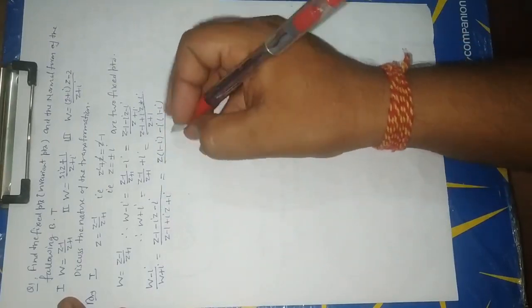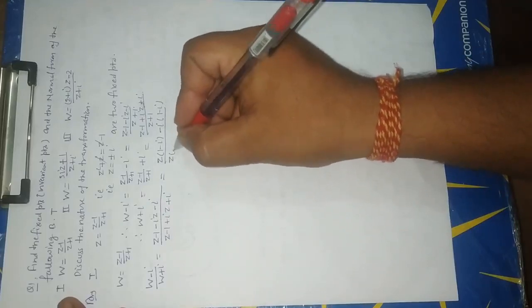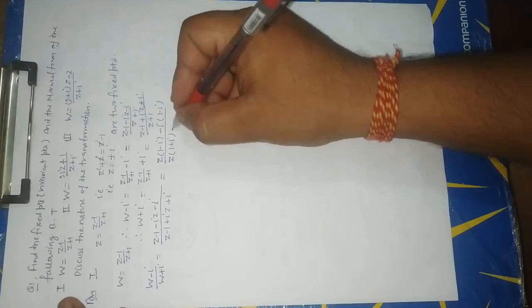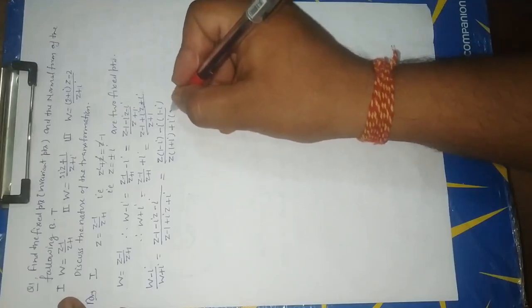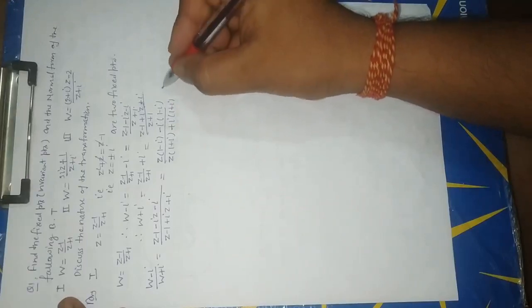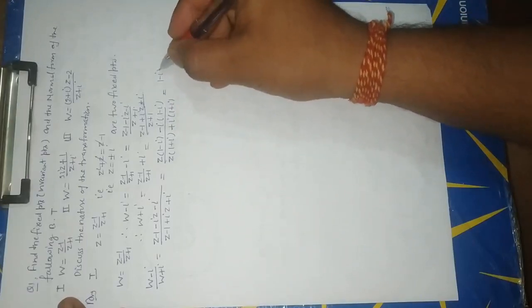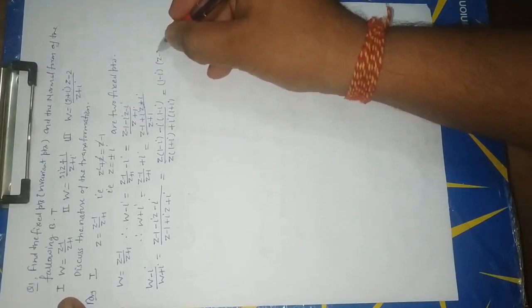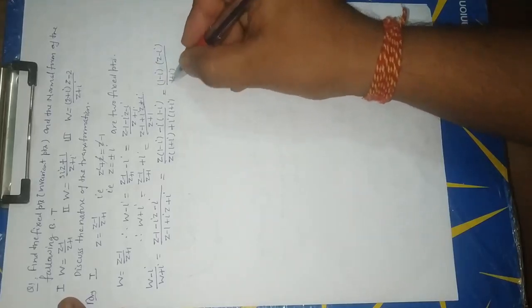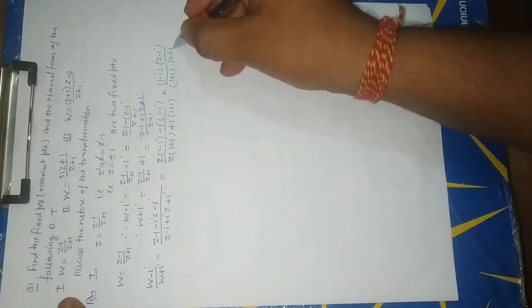Similarly in the denominator, Z into (1 plus i), and taking i common, 1 plus i. Therefore (1 minus i) common, (Z minus i) upon (1 plus i) common, (Z plus i).